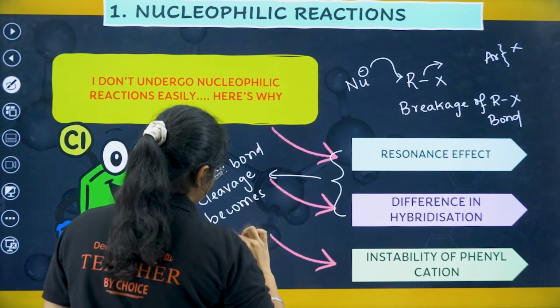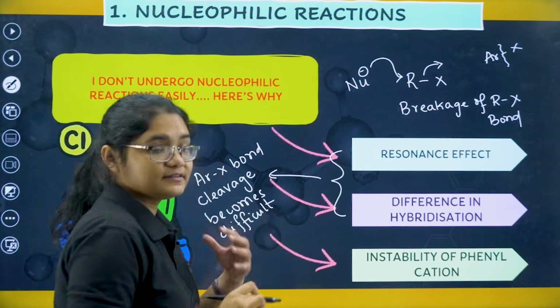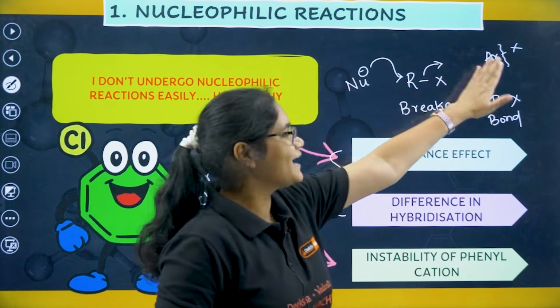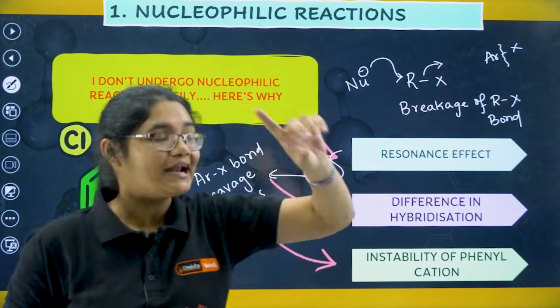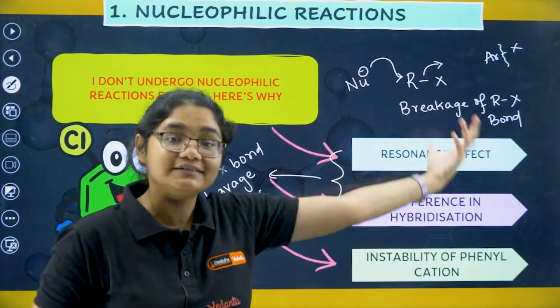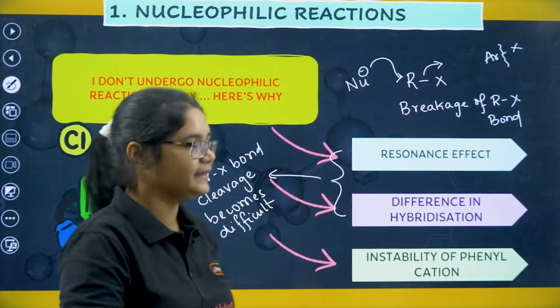Just for now you have to get this one: for the nucleophilic substitution reaction to happen, this ArX bond has to break and in place of X, the nucleophile should come, but this bond breaking itself is very difficult due to these two factors, and we will see that in detail.